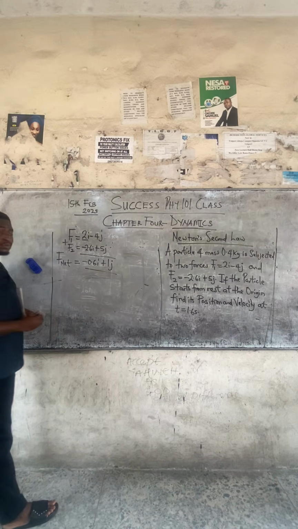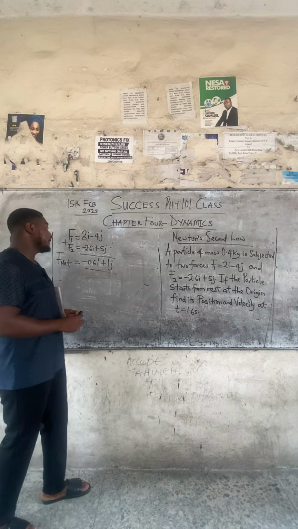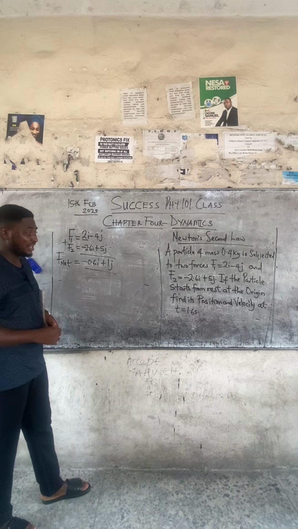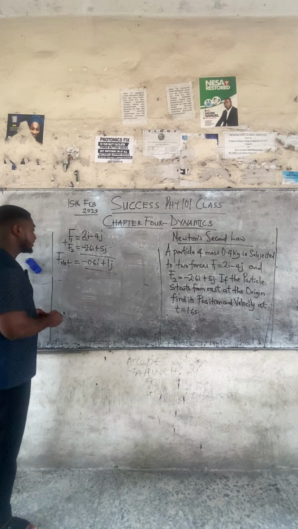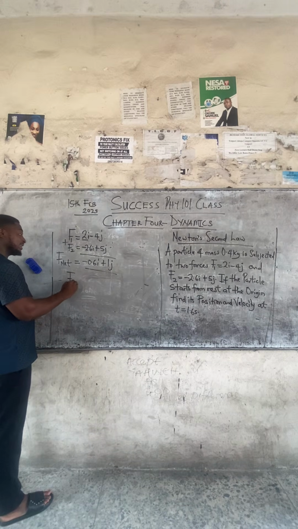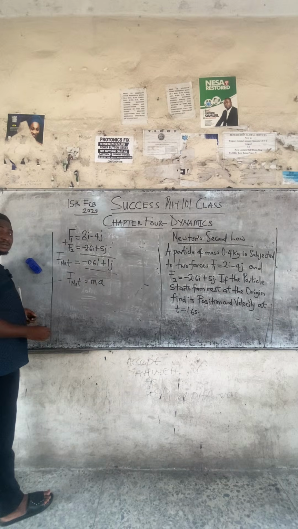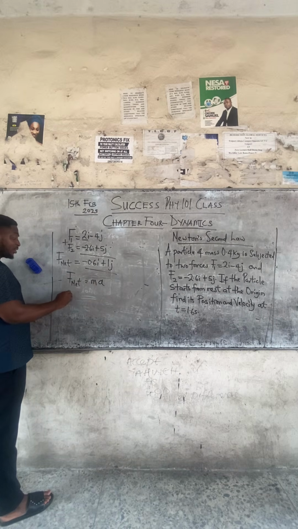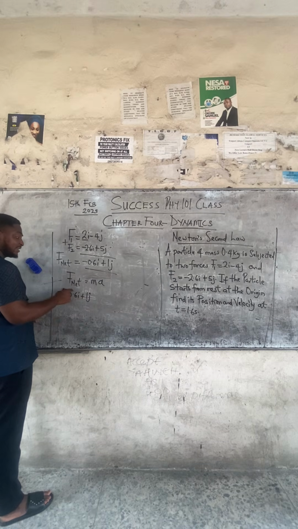So the net force between these two forces acting on the body is minus 0.6i plus 1j. Class, don't forget that net force is equal to mass times acceleration.